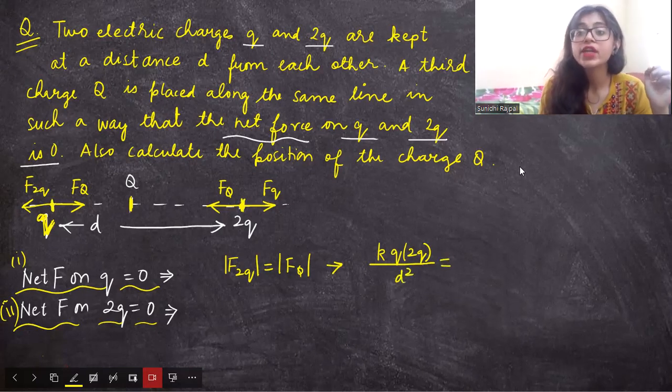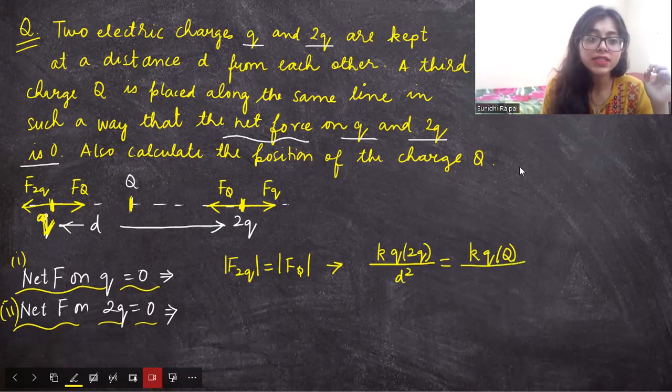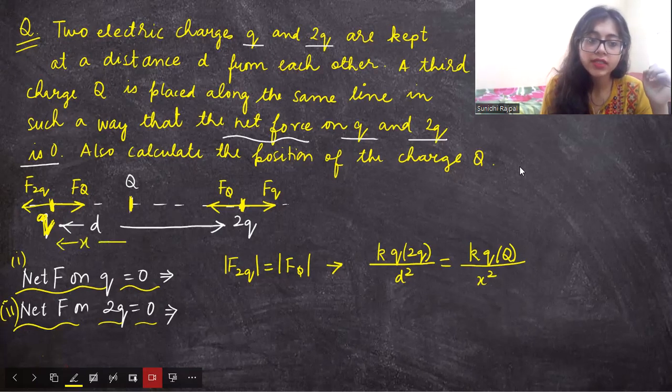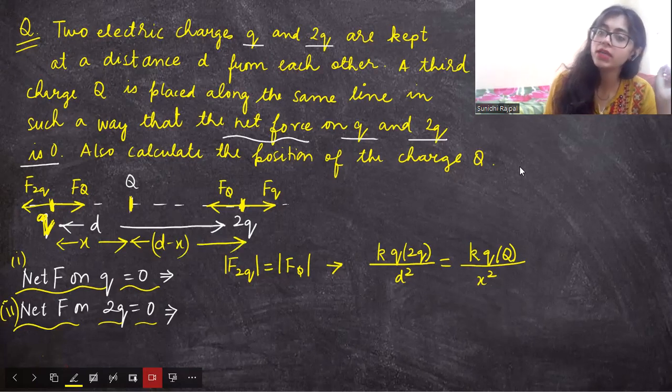And F due to capital Q, similarly, is K, Q, capital Q divided by what is the distance between Q and capital Q charge? It is X square. So I am assuming that I have put the capital Q charge X distance away from the small Q charge, and this distance will then become D minus X.